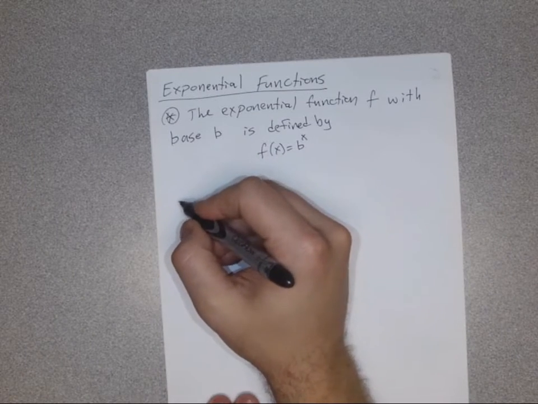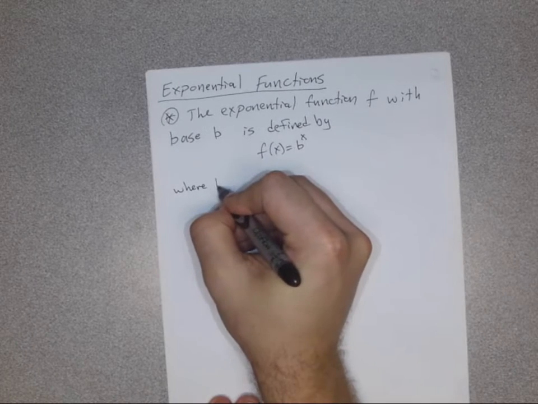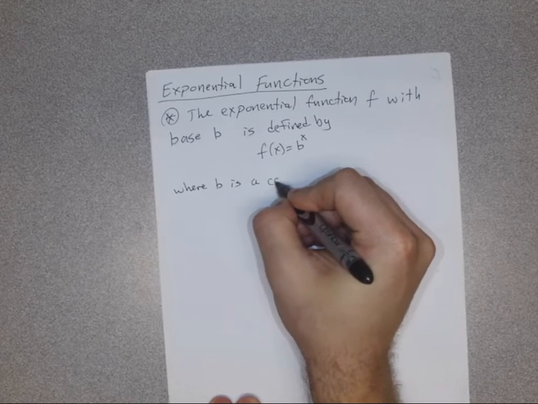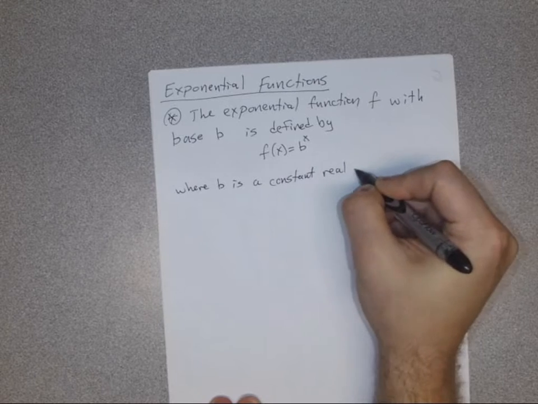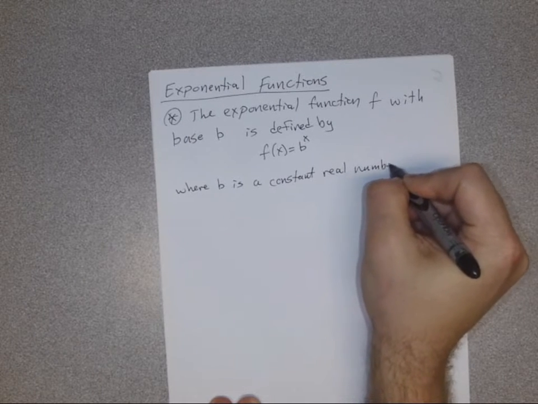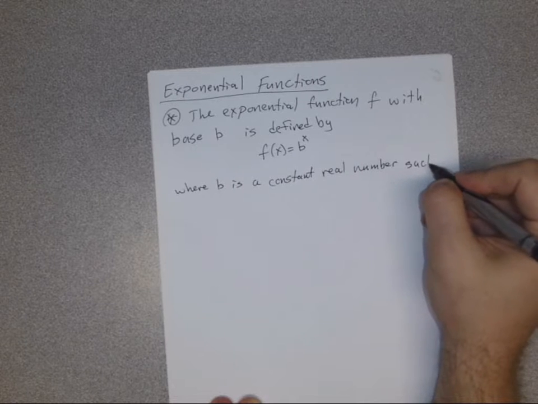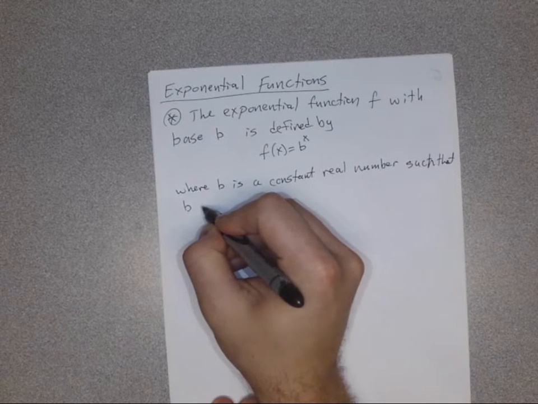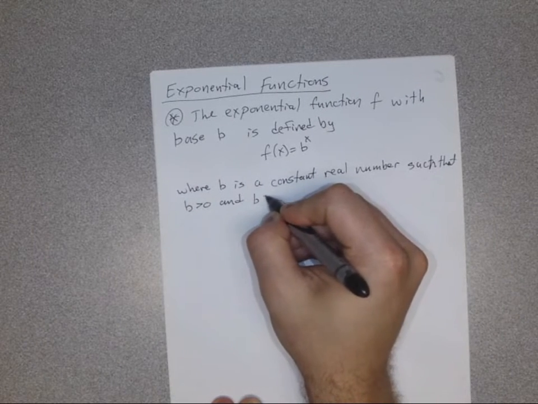So for b, where b is a constant real number such that b is greater than 0 and b cannot equal 1.